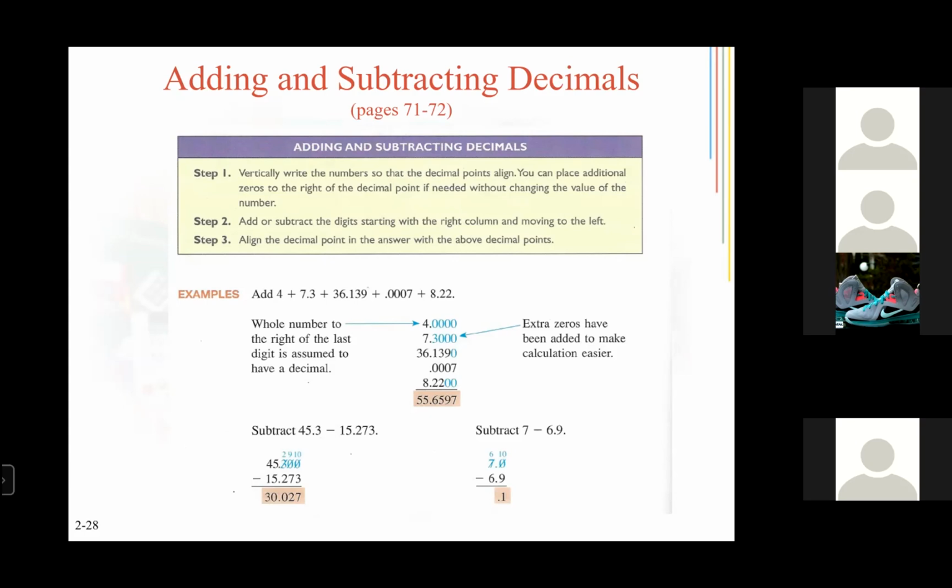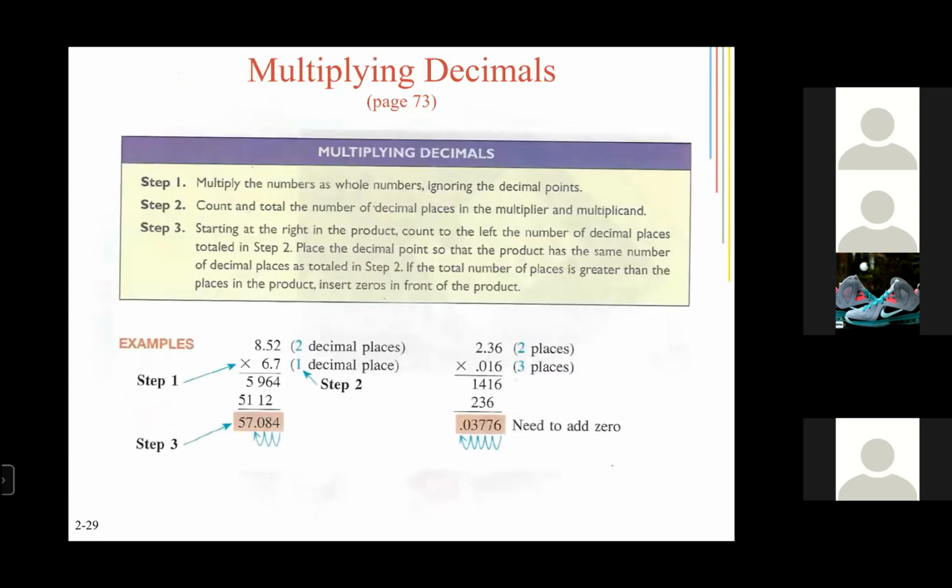They should all be lined up according to their place value. The same thing applies for subtraction. You make sure they line up according to their place, and then you just go ahead and do your regular addition or subtraction to get your answers.